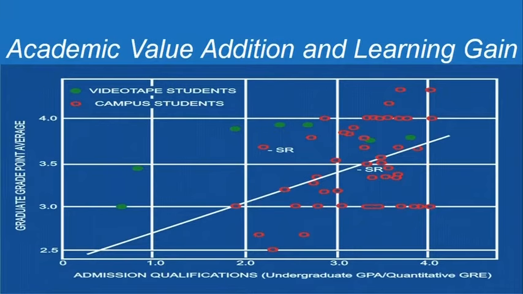This graph shows the performance of campus students, which are marked by the red dots, and videotape students, which are marked by the green dots. So, how many videotape students do I have? We have 1, 2, 3, 4, 5, 6, 7 videotape students in this particular graph.